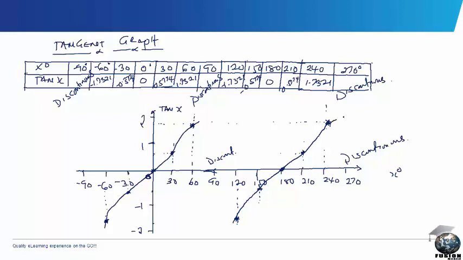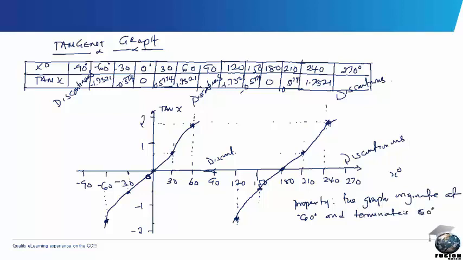You find out that at 90 it becomes discontinuous, and then the graph originates again at minus 60 degrees and terminates at 60.